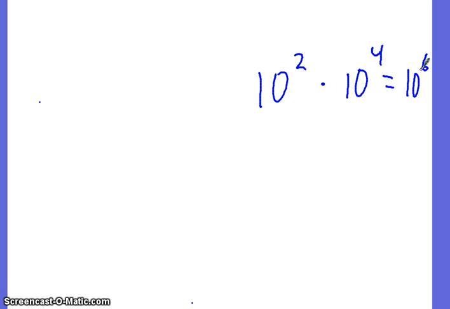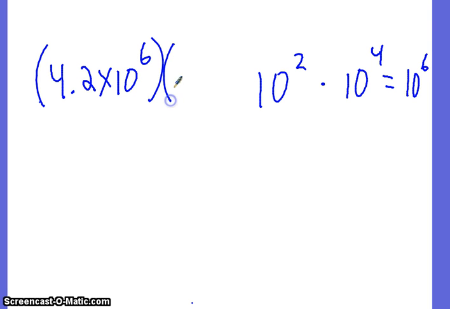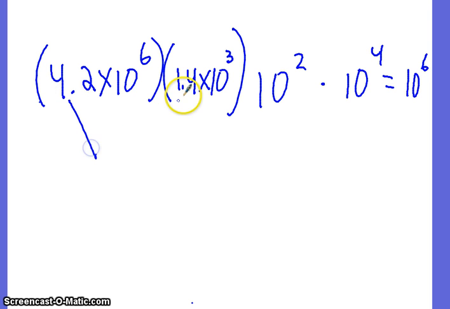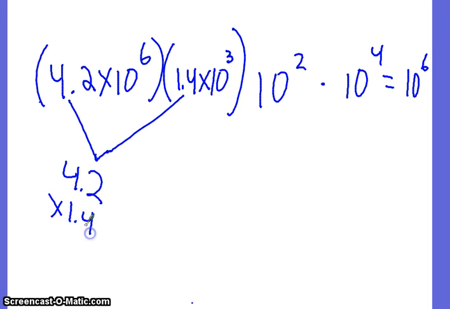So for example, if we were multiplying 4.2, 4 and 2 tenths times 10 to the 6th power times 1 and 4 tenths times 10 to the 3rd power, to multiply that problem, our first step would be to do the number part, 4.2 times 1.4.